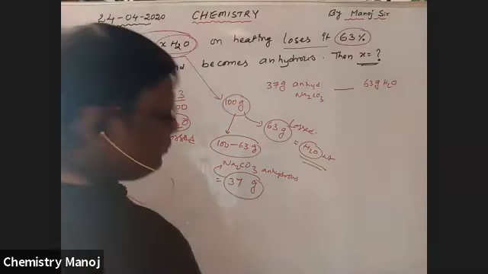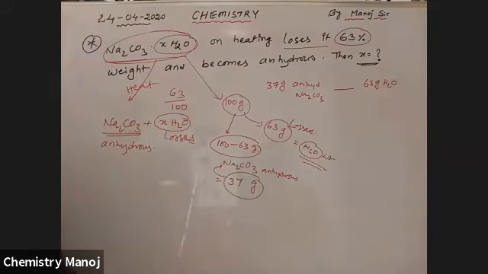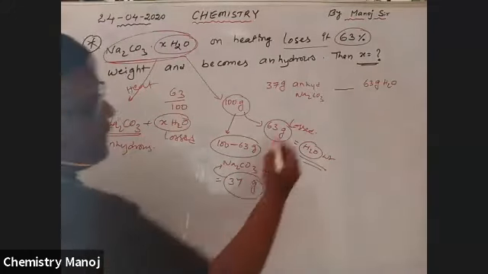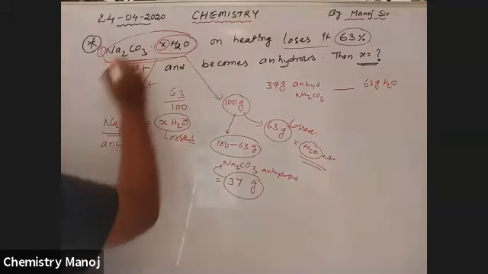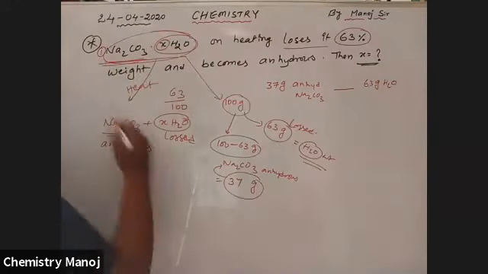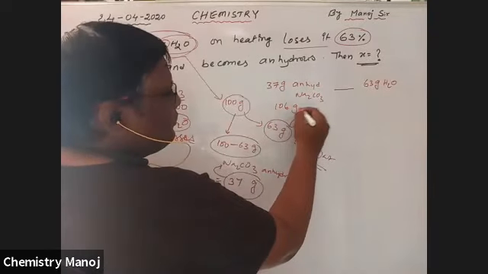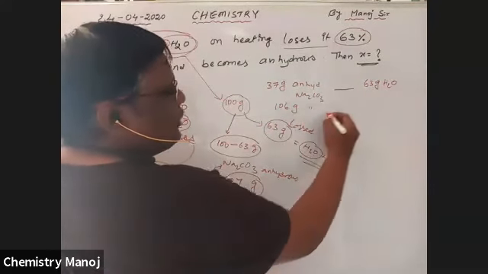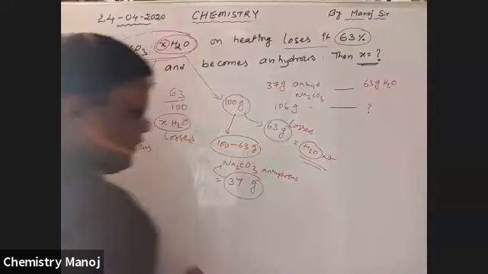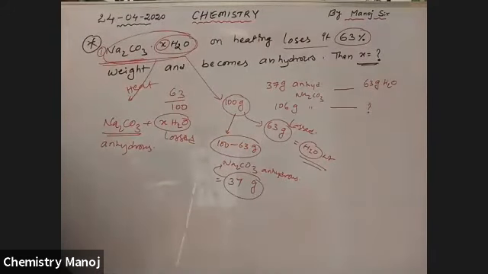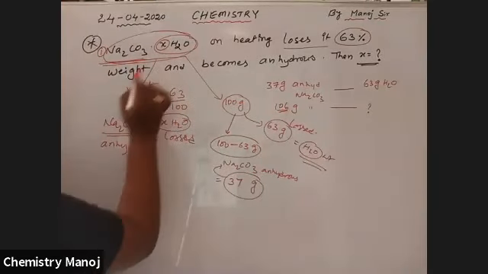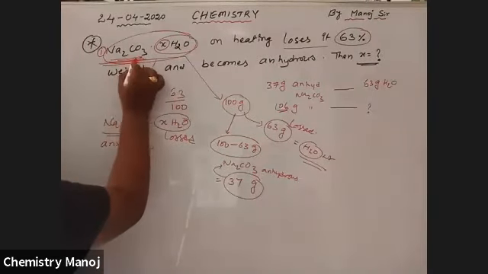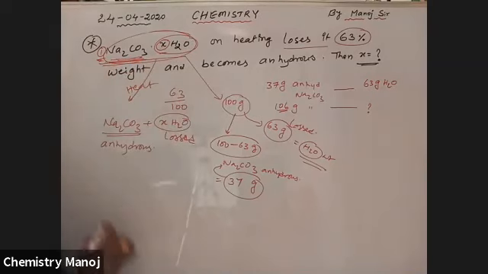Next. Actually, what is the Na2CO3 weight? Because it is 1 mole, and water is x moles. 1 mole of Na2CO3 means 106 grams. Why is it taken as 106? Because it is Na2CO3·xH2O, that means anhydrous Na2CO3 is 1 mole and water is x moles.